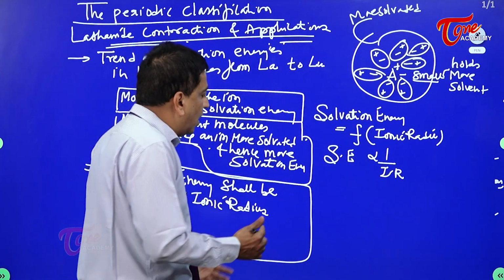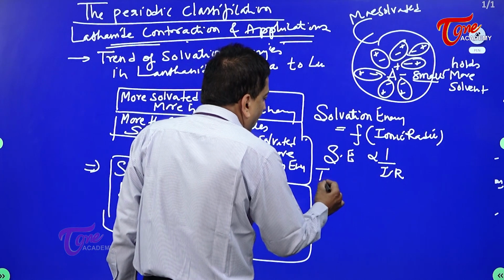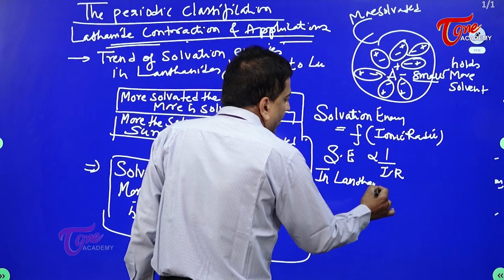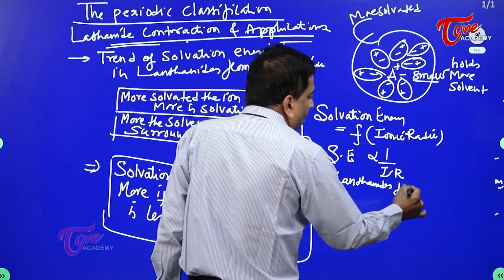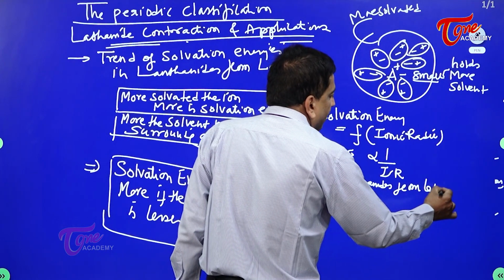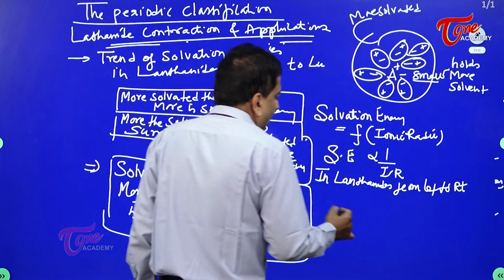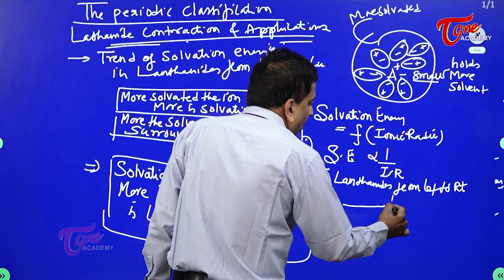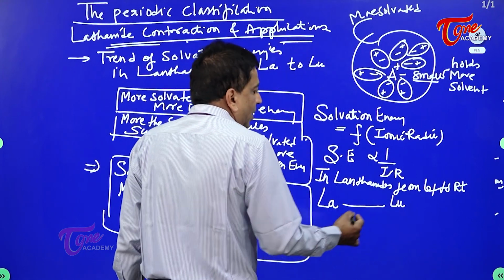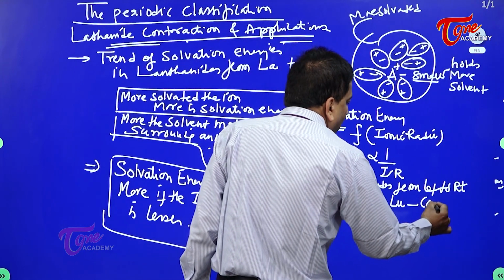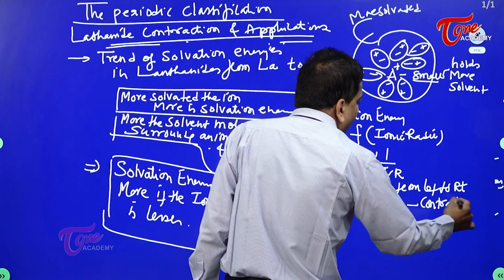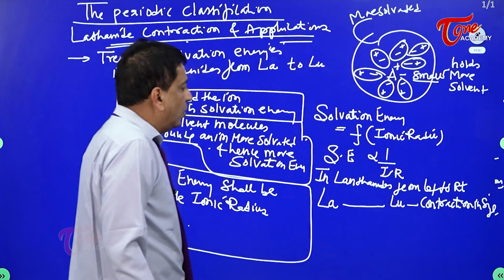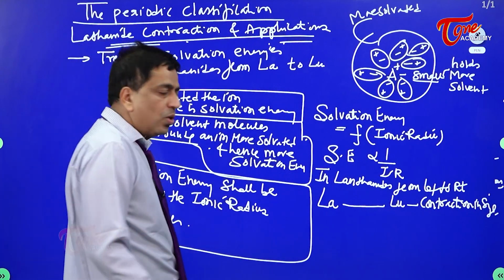And if this is the case, then in lanthanides, from left to right, that is from lanthanum to lutetium, you have contraction in size.